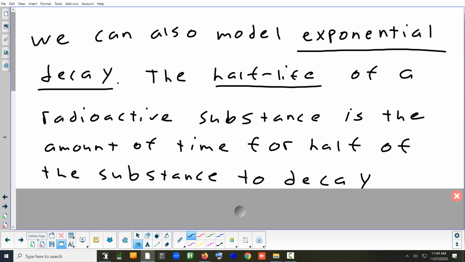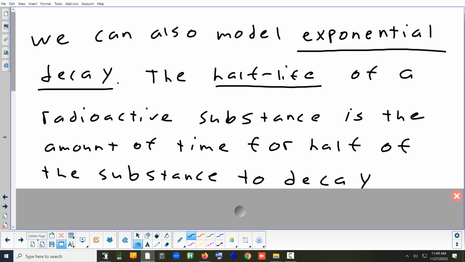So if you start with 1,000 pounds of radioactive waste today, and let's say the half-life was 100 years. After 100 years, you'll have 500 left. After another 100 years, you have half of that. After another 100 years, half of that.